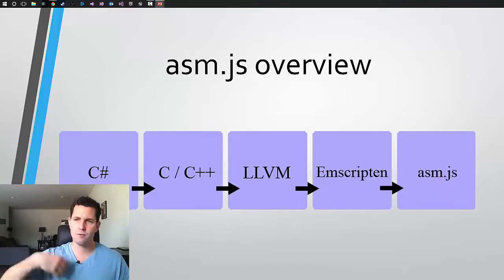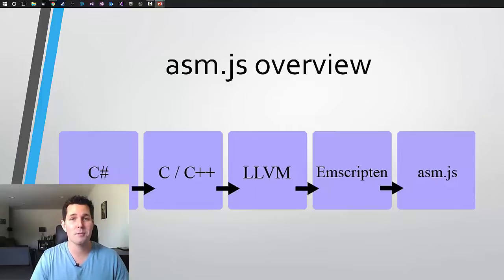So here's an overview of roughly how it works. I highlight C# here because later on I'll be showing you exactly how a middleware tool such as Unity can take your C# code and actually spit out JavaScript. But generally, someone would take something like C or C++ code and run it through LLVM, again, that low-level virtual machine, which is going to be used with Clang as our front end.